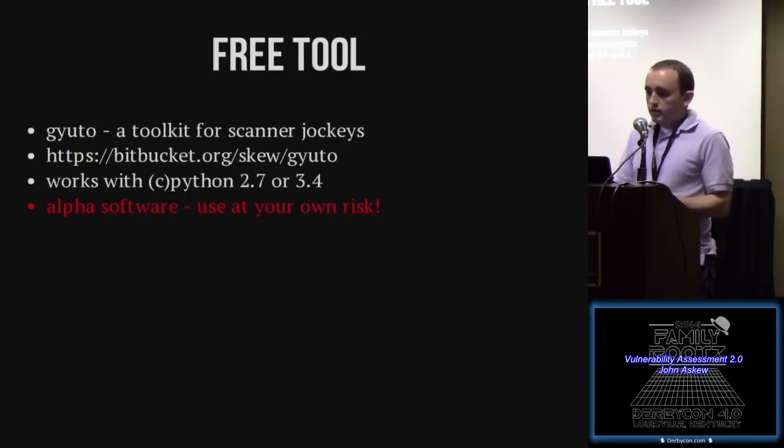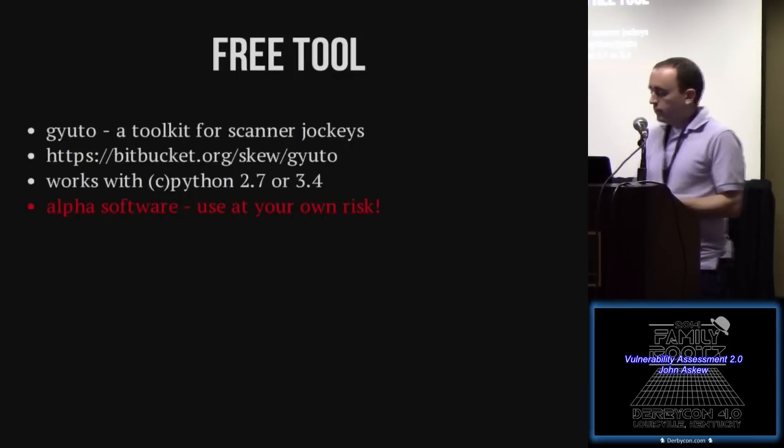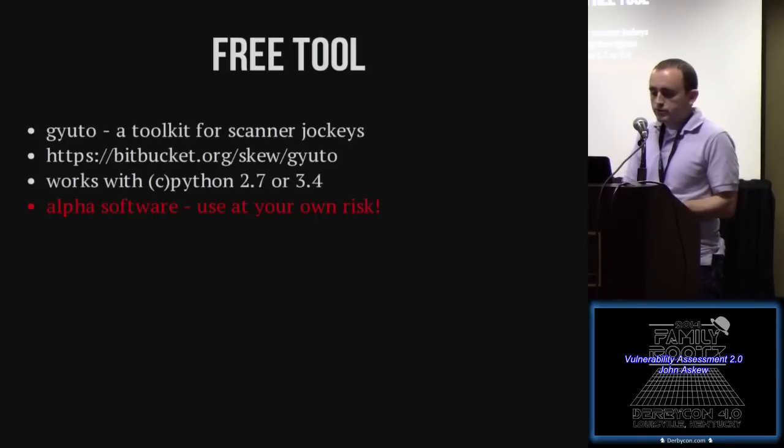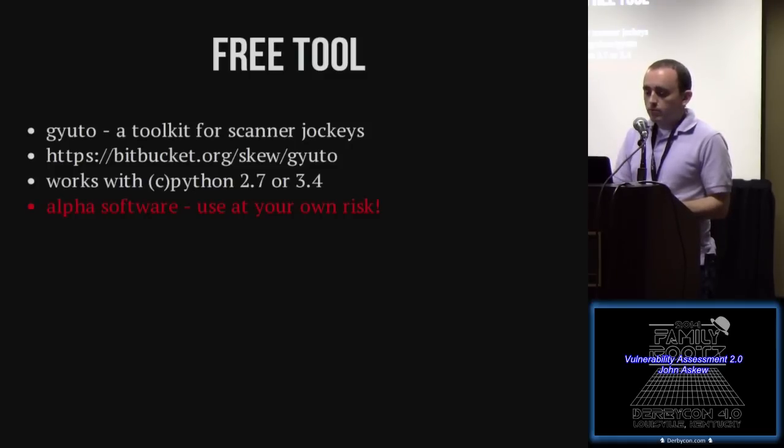You can do a git clone of the Bitbucket repo, or even a pip install if you have Python installed. It should work on Python 2.7 or the latest Python 3, although there's a bug I just fixed on version 3, so that's in the Bitbucket repo but not in the Python package index package just yet.